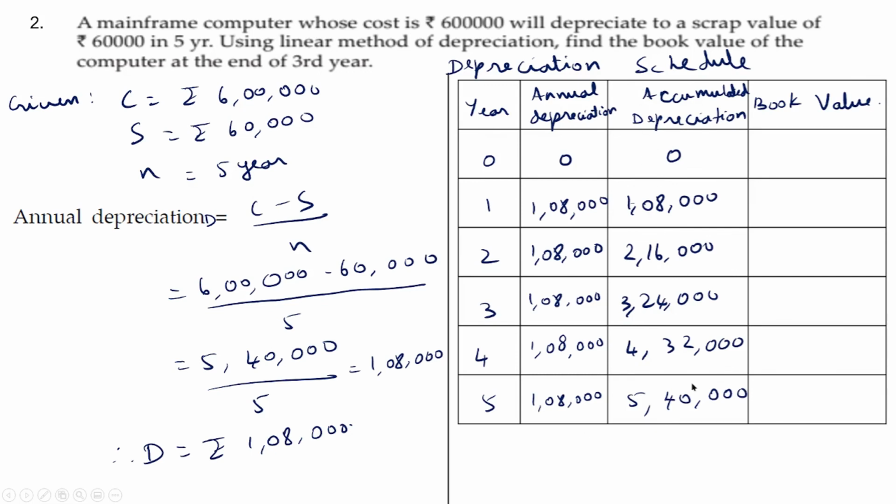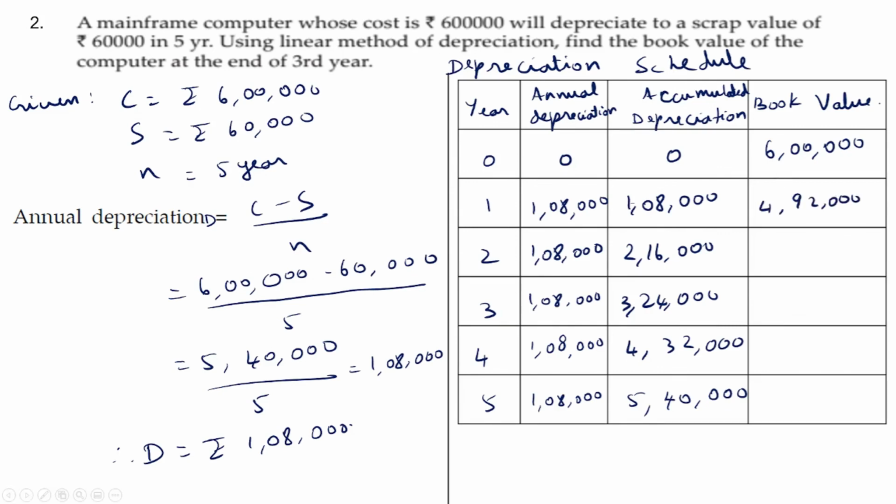So this is the accumulated depreciation. Book value of the asset, in the beginning it is 6 lakhs, and then after 1 year it is the cost of the asset minus the accumulated depreciation. So at the end of 1 year it is 4,92,000.